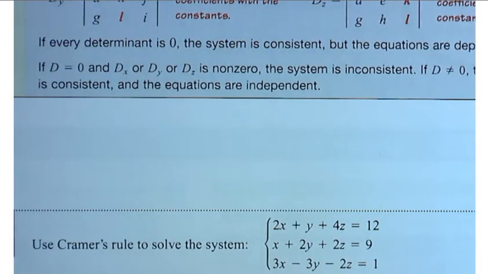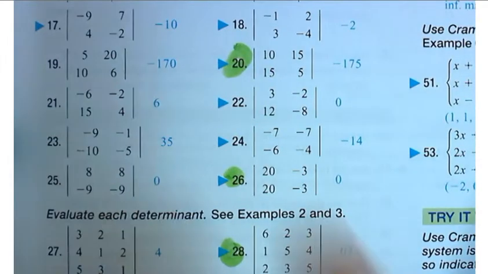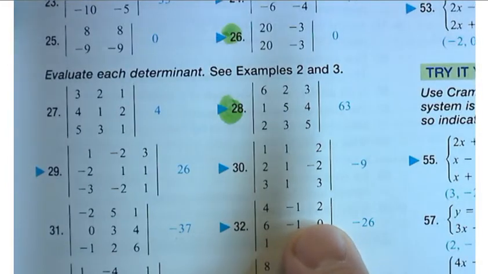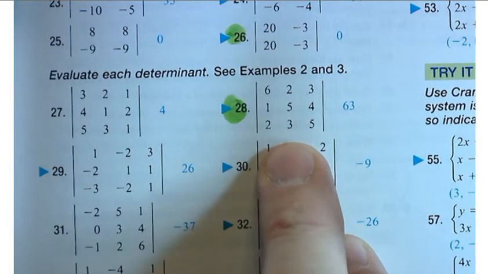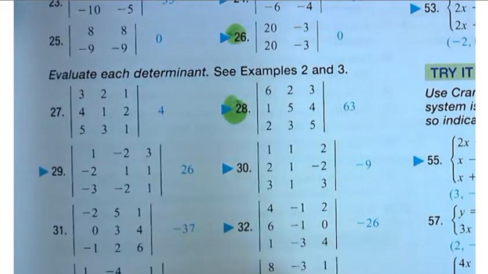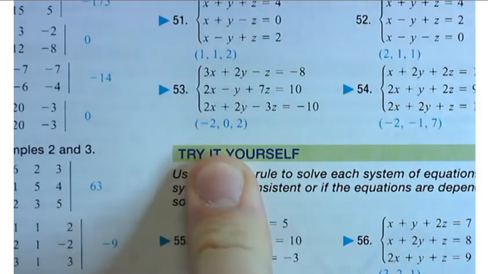Cramer's rule, this section, 12.5. Probably ask you to calculate a 2 by 2 and a 3 by 3 determinant. What I might do is make calculating a 3 by 3 determinant part of a Cramer's rule problem, where I ask you to solve a system of equations by Cramer's rule.